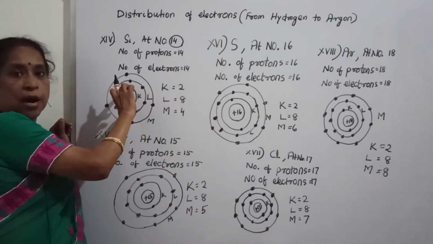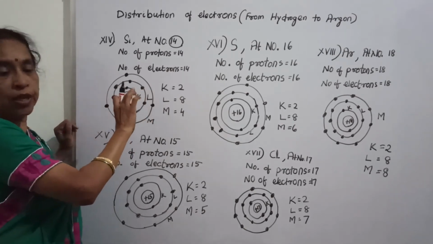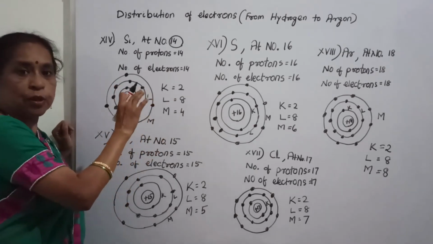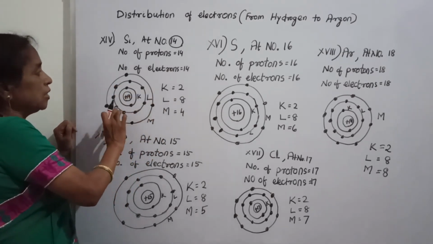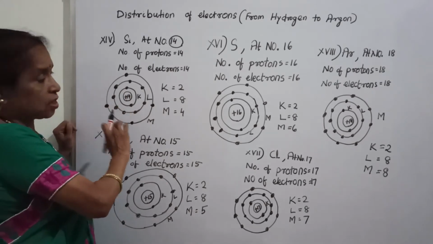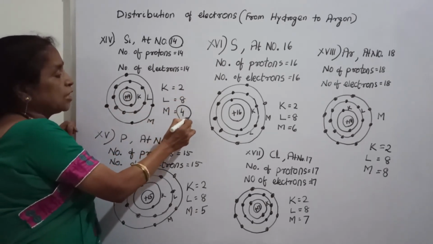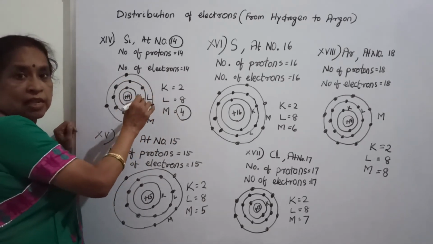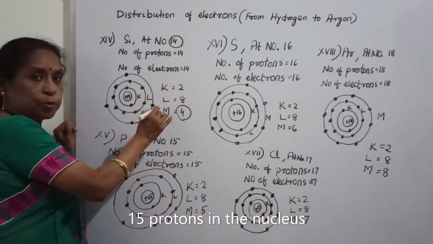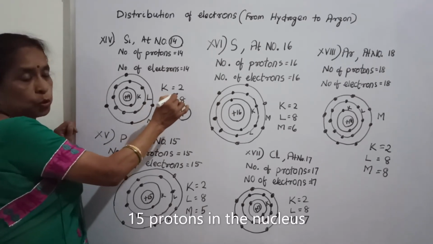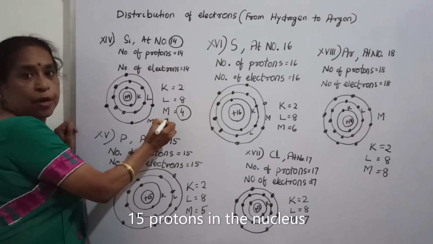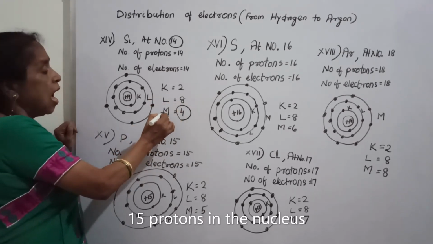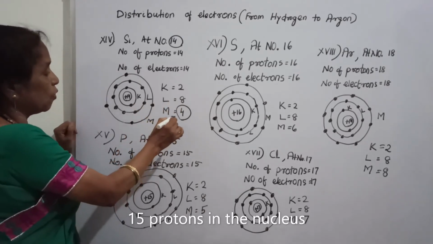So first K shell occupies 2 electrons, then L shell, whose capacity is 8 according to the formula 2n square, also occupies 8 electrons. Then the remaining 4 electrons will go to the M shell. That means the electronic distribution is K equal to 2, L equal to 8, M equal to 4.